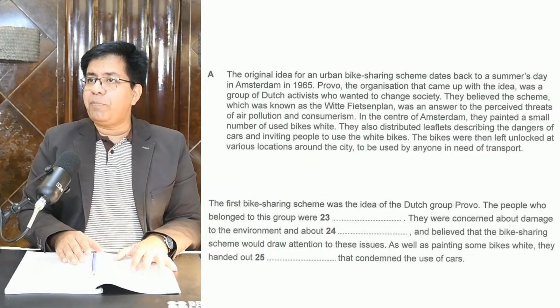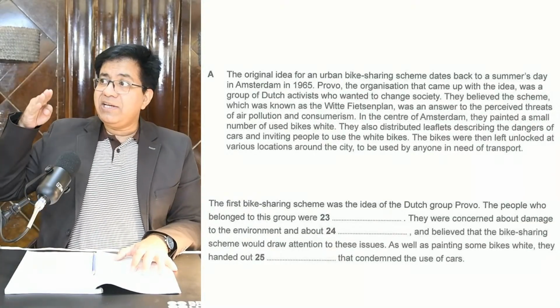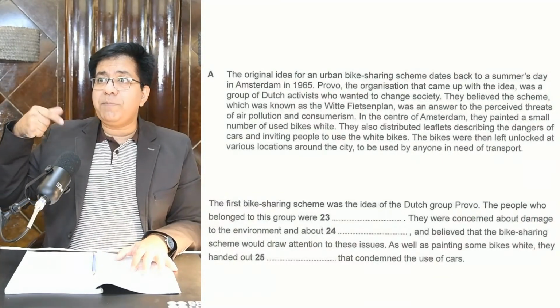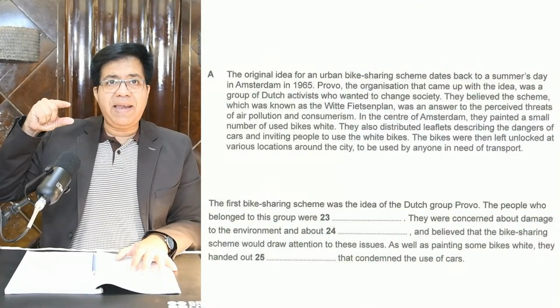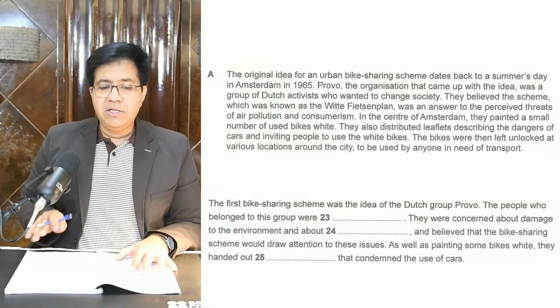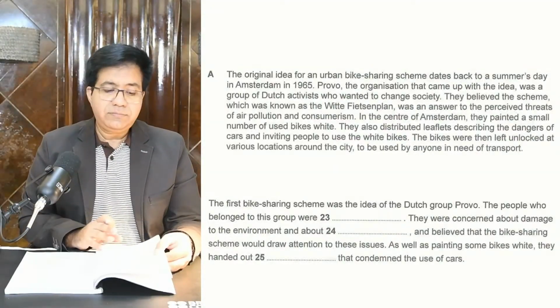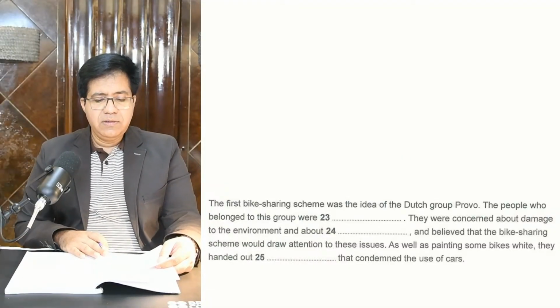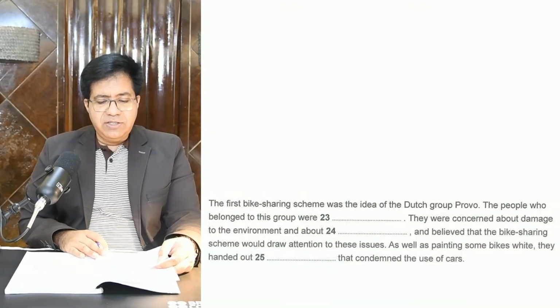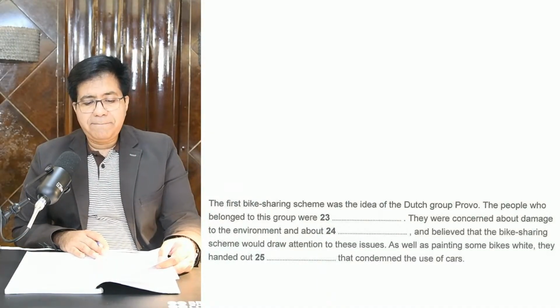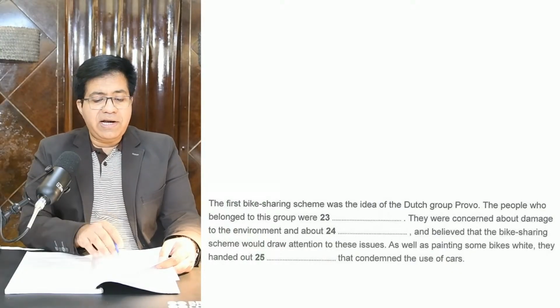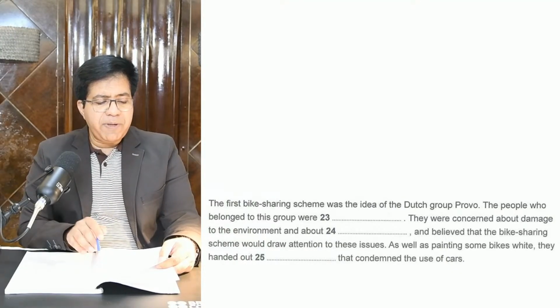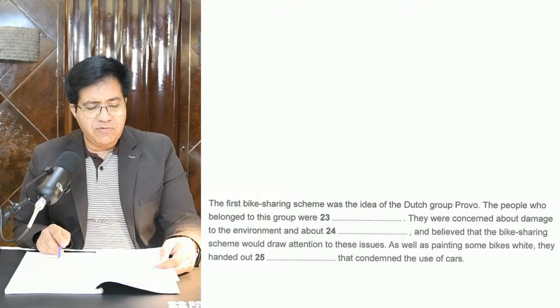They were a group of Dutch activists. And I told you the answer should be plural because before the blank they have mentioned were. So what is the answer? Activists. And why can't we write Dutch activists? It's one word only. They have already mentioned Dutch group Provo. The people who belong to this group were activists.